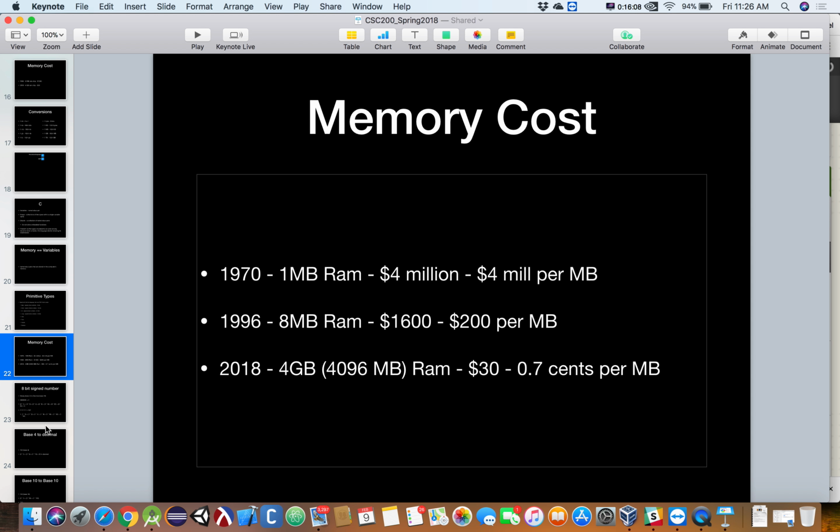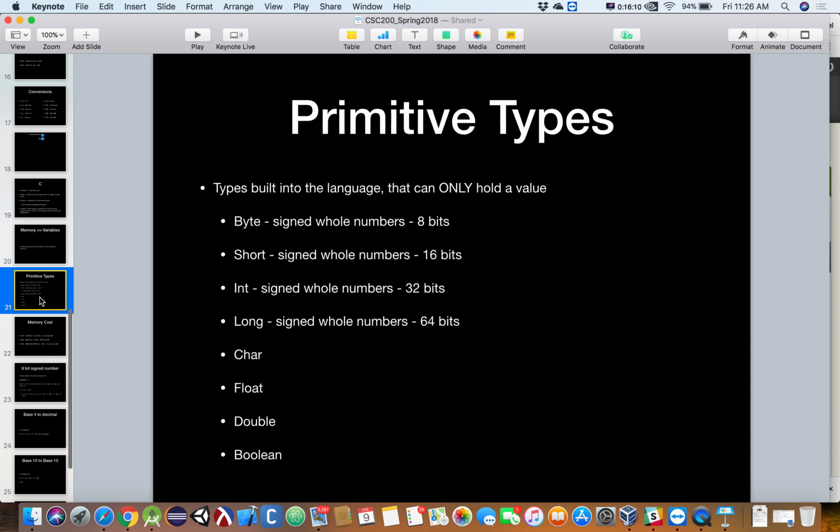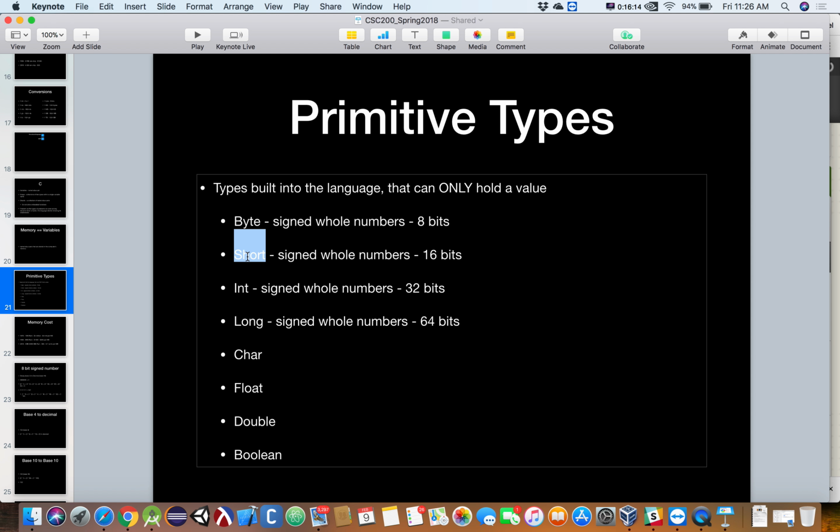So if we go back to today's programming, you'll never see somebody use a short today. Back then you would have said, okay, if I'm only holding a value, so when I say a byte, this is an 8-bit value, but it's a signed number. So that means we're using 7 of those bits to hold our number.